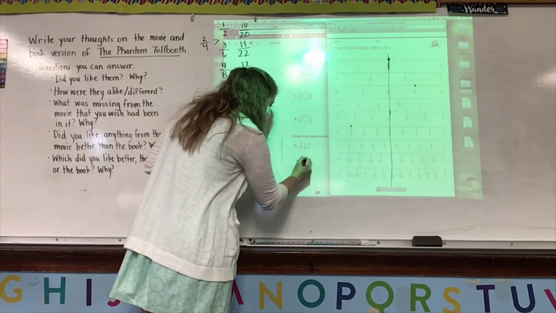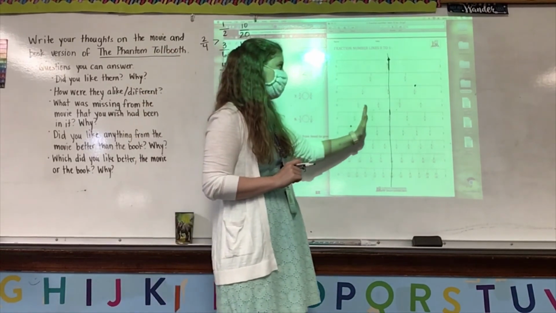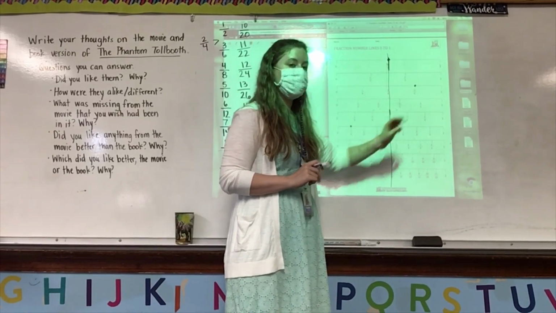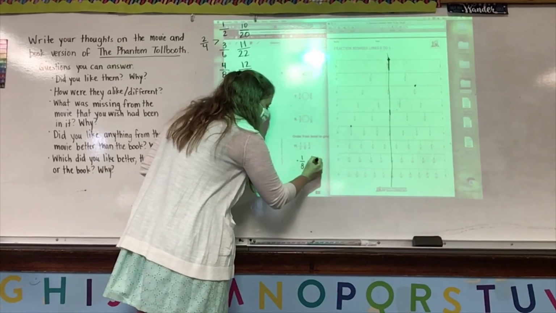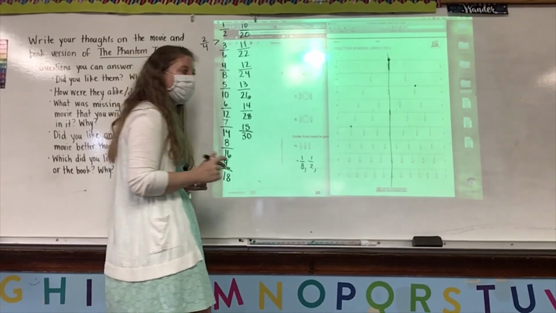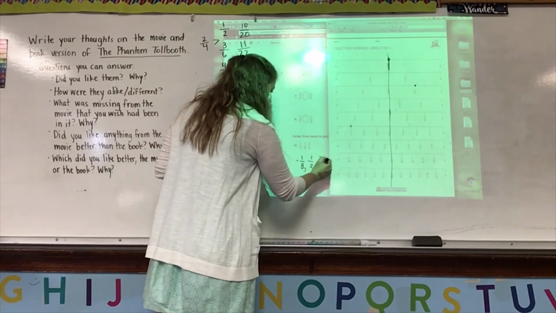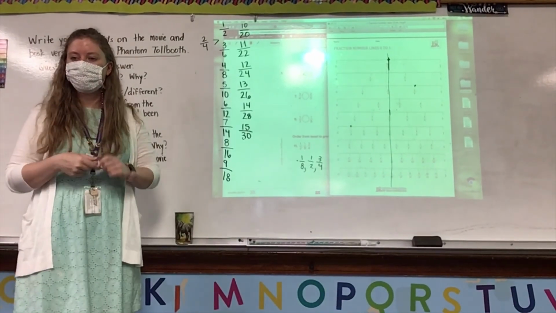And we're going to start moving to the right. What comes next? 1/2. And then the fraction that's furthest to the right. 3/4. Okay. Make sure you put commas between your fractions when you're ordering them.